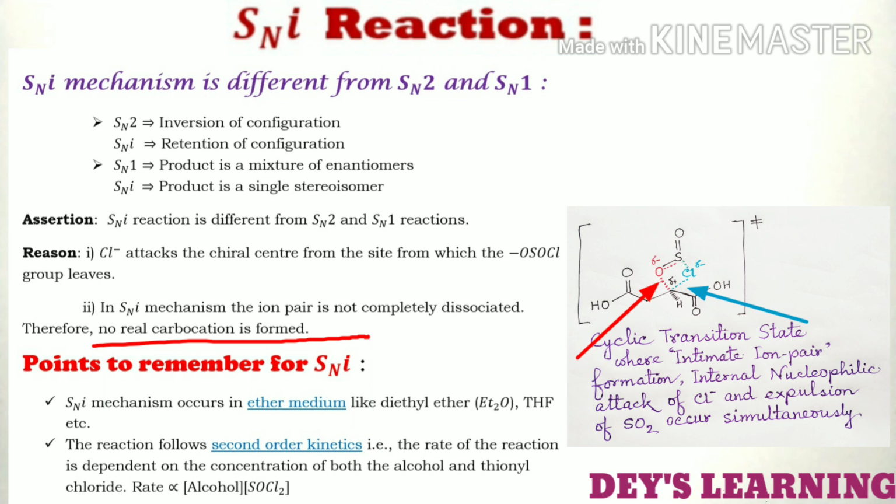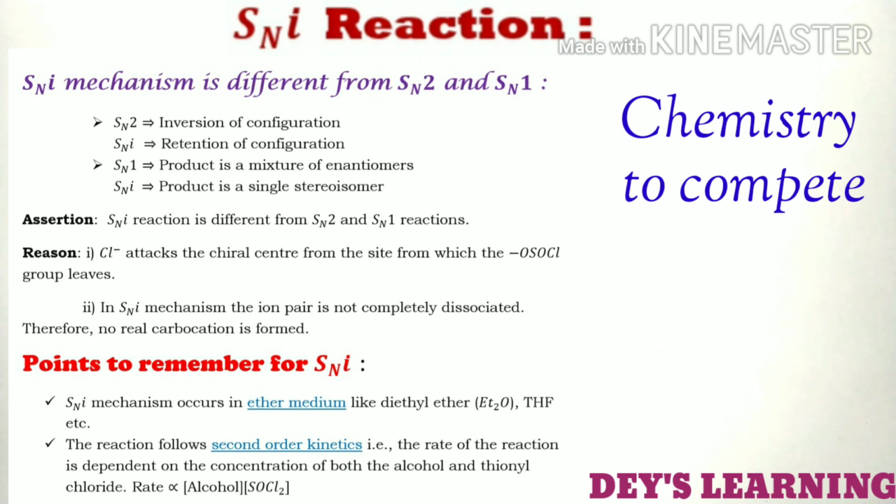Actually, this making of this bond and breaking of this bond occur almost simultaneously. So here retention of configuration occurs. So this is not actually an SN1 type reaction where there is an existence of free carbocation.